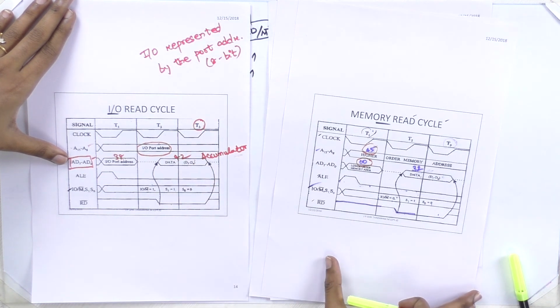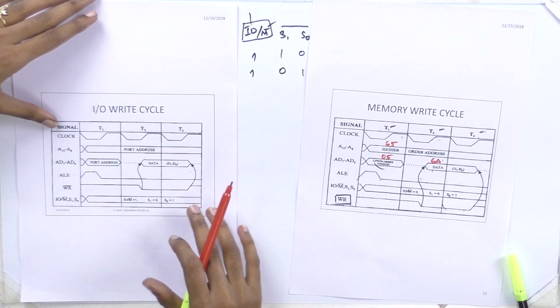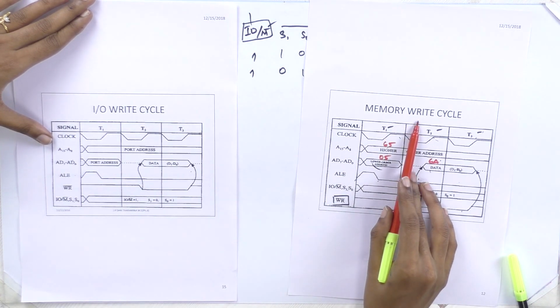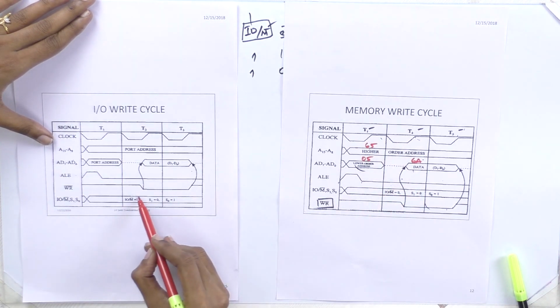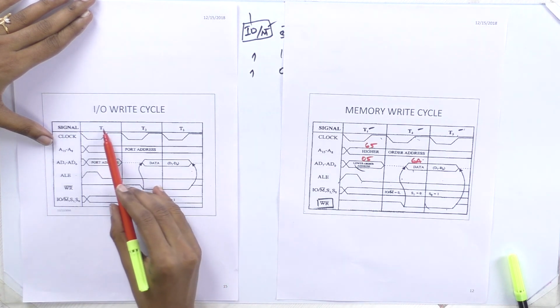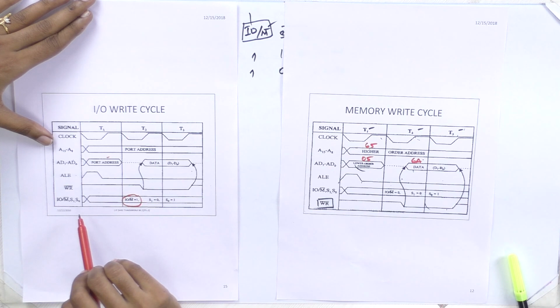Next we will see the IO write cycle. This is similar to the memory write cycle, with the difference that we have seen in the previous case. At T state 1 we first know the port address.